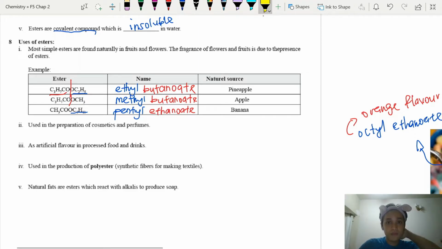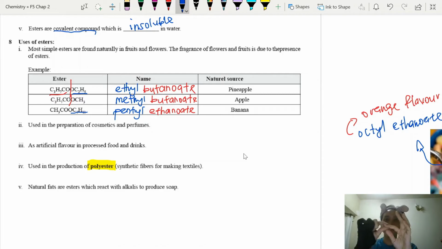Oh, there's one more here: production of polyester. Polyester is your fiber, your shirts. Some shirts use polyester as the material, especially the ones that are rather difficult to iron; it feels like your plastic money, a similar texture.